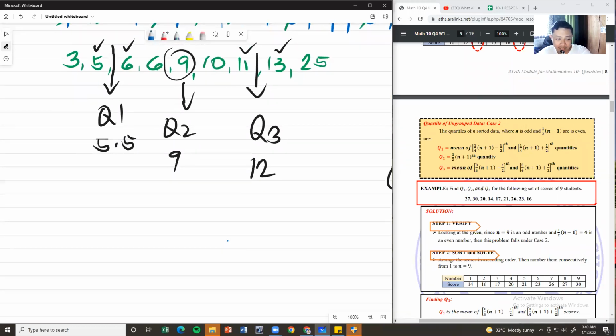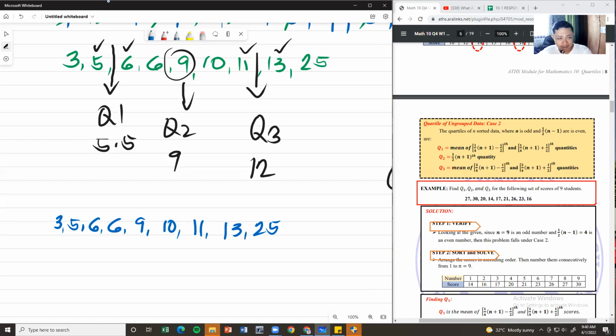Of course, it should be arranged ascendingly: 3, 5, 6, 6, 9, 10, 11, 13, and 25. Just like what we did a while ago, the manual thing, we just need to get the middlemost value.